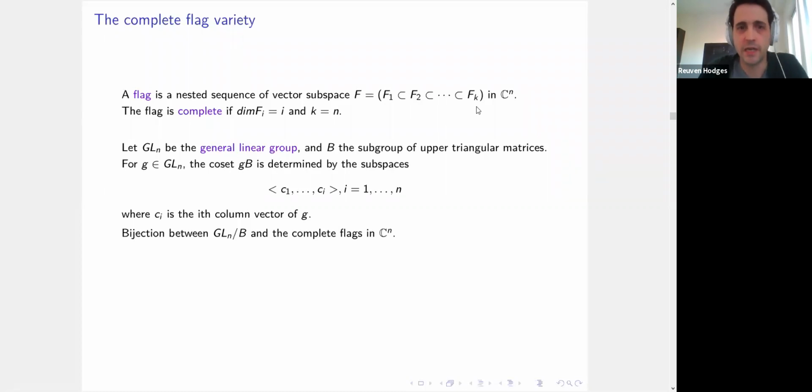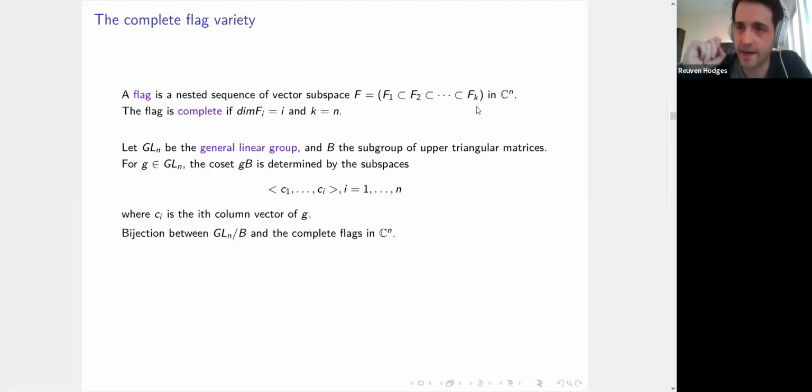And so if we take GLN to just be the general linear group of n by n invertible matrices with entries in C, and we take B to be the subgroup of upper triangular matrices, then if you take a coset GB, that coset GB is determined by the following set of subspaces. What you do is you take the first column vector of your matrix G, and you think about the span of that.